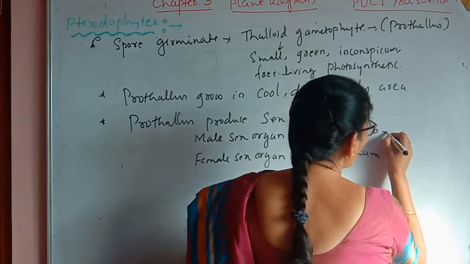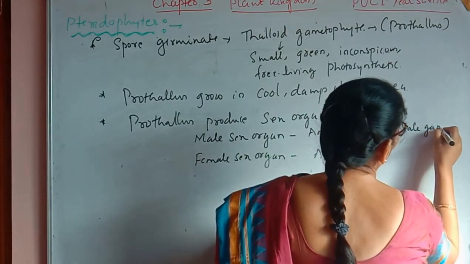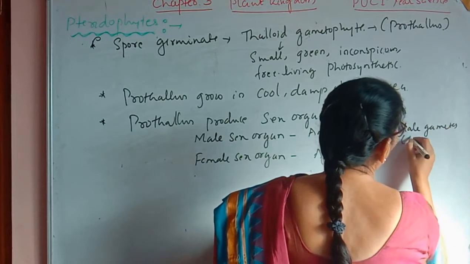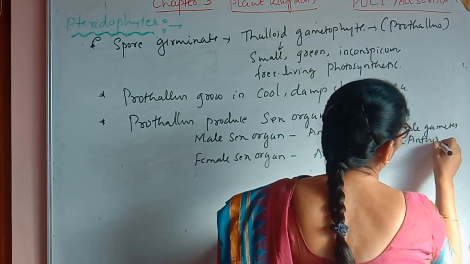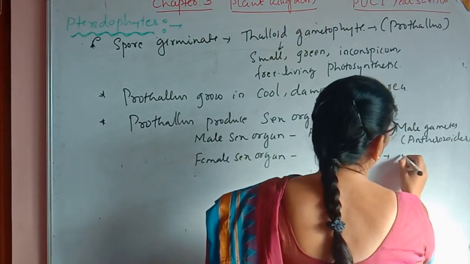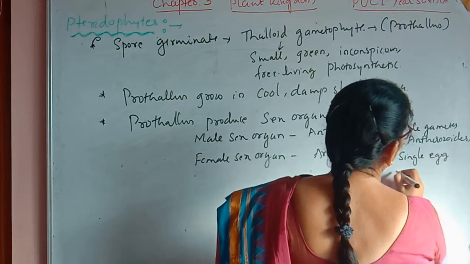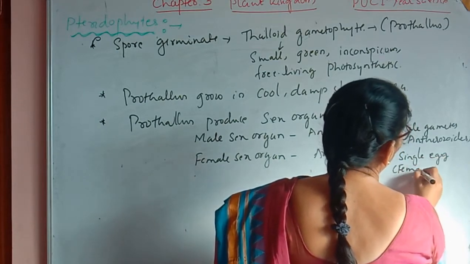The antheridium produces the male gametes, which we call the antherozoids, and the archegonium produces a single egg, called the female gamete.